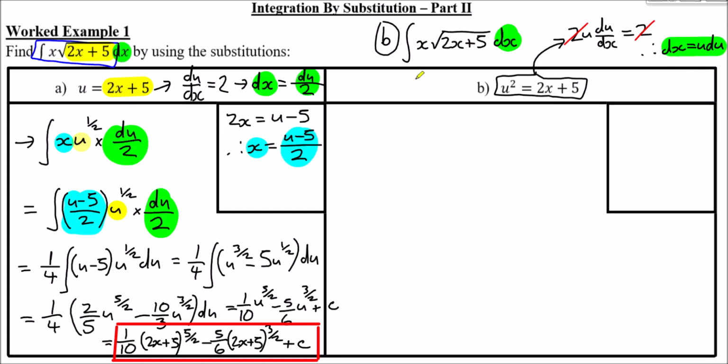And again, we need to anticipate, looking here, that's not going to help at all with cancelling this x. And so, again, what I need to do is to get x in terms of u, or in our case, u squared. So from this, 2x is going to be u squared minus 5. Therefore, x in terms of u is u squared minus 5, all divided by 2.